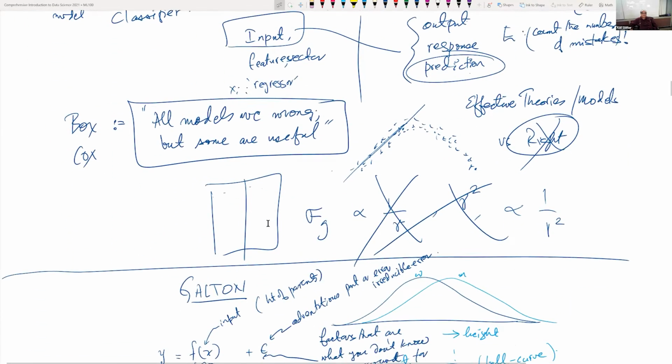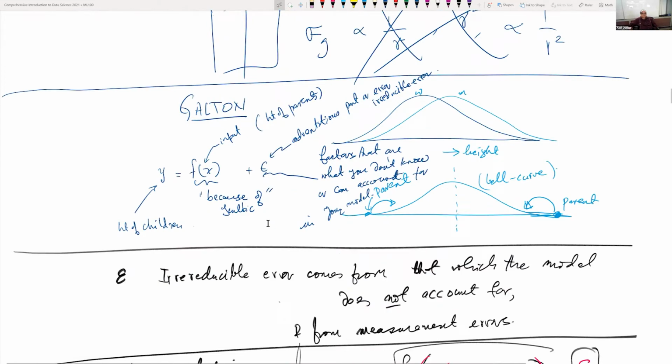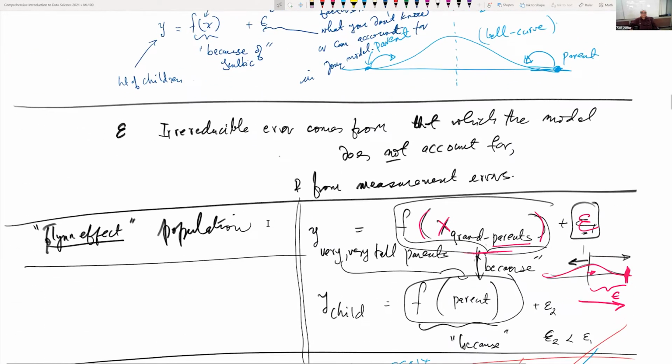So these are two important things we talked about. We talked about the history of it, Galton and regression towards the mean. We also talked about irreducible error. Irreducible error represents in your model an acknowledgement of things you don't know. For example, if you try to sell ice cream and estimate it purely based on temperature, you would be wrong quite a bit. There will be a certain band of values you'll get because for the same temperature, if it is a work day, parents are busy and they're not getting their kids to the beach.